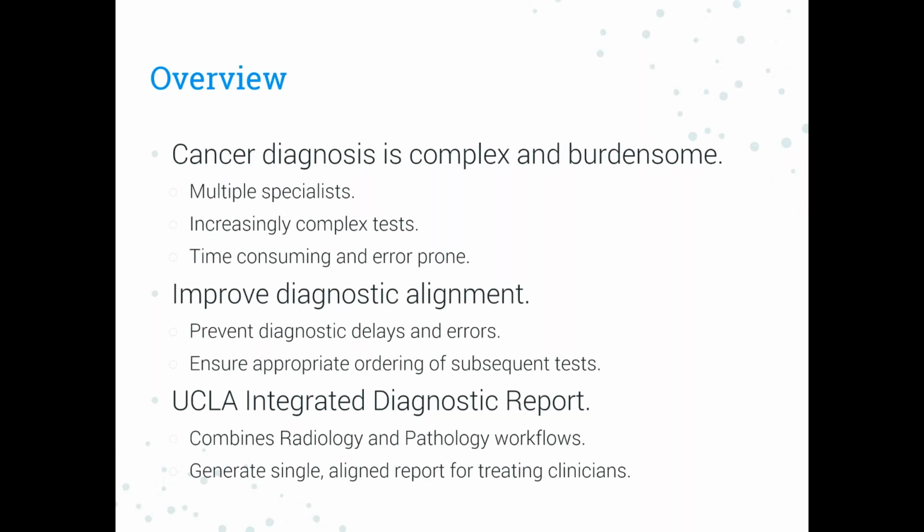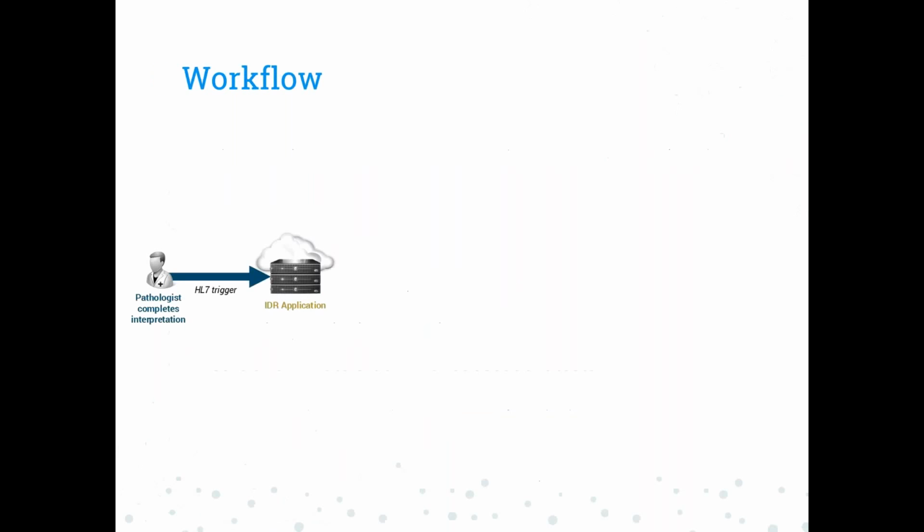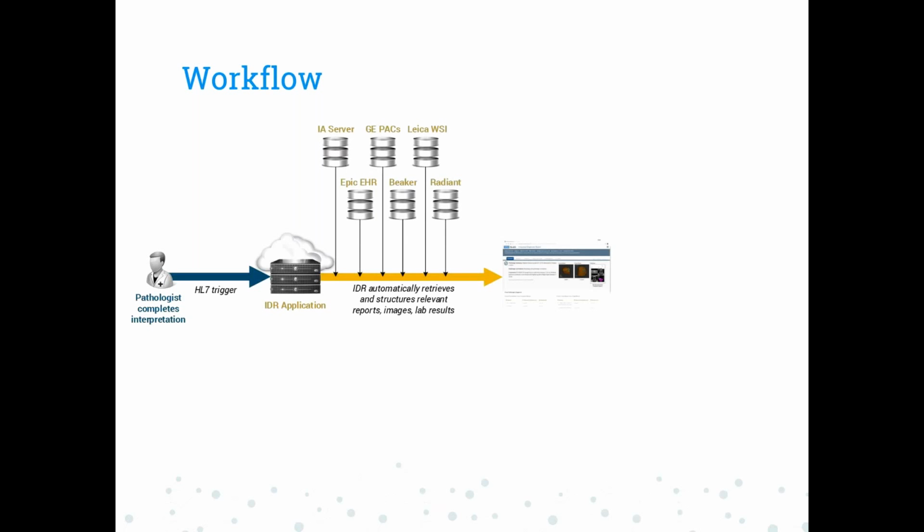What our platform does is combine radiology and pathology workflows and generate a single aligned report for the treating clinician. This is what it looks like. The pathologist completes their interpretation of the tissue sample. There's then an HL7 trigger to our application that sits in a cloud infrastructure.